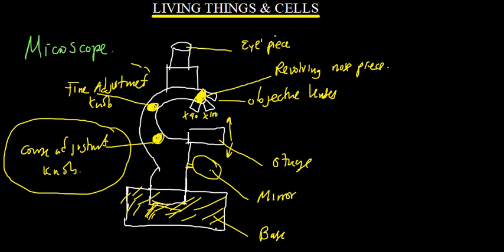The fine adjustment knob, when you are changing it, you are trying to tune so that you can see your object clearly. It is there to bring the object into clear focus so that you can easily see it, if it was looking blurred. Is that okay?